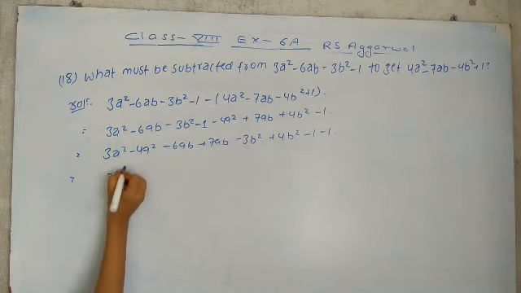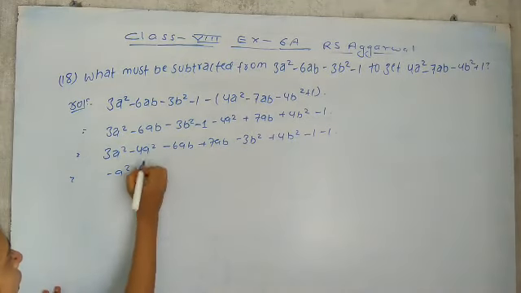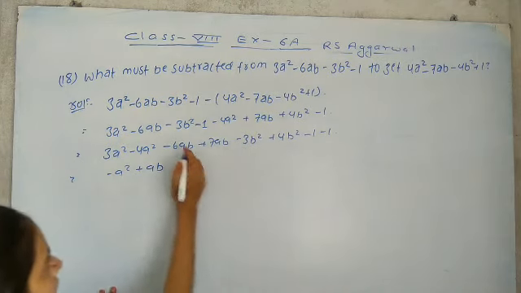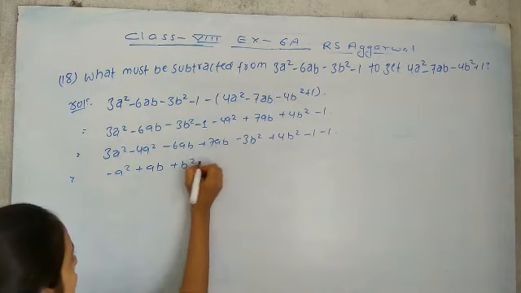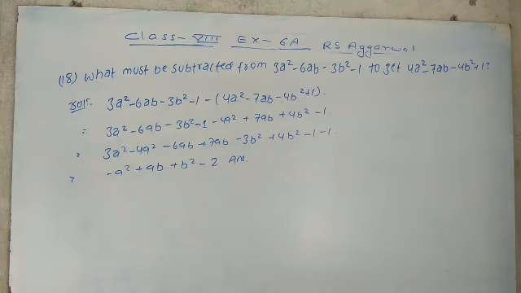Minus 6 plus 7, put the sign of plus: ab. Minus 3 plus 4, put the sign of plus: b square. Minus 1 minus 1 is minus 2. So minus a square plus ab plus b square minus 2 is the answer.